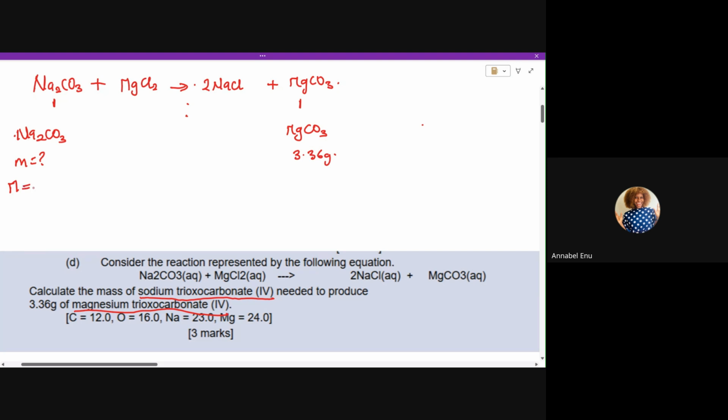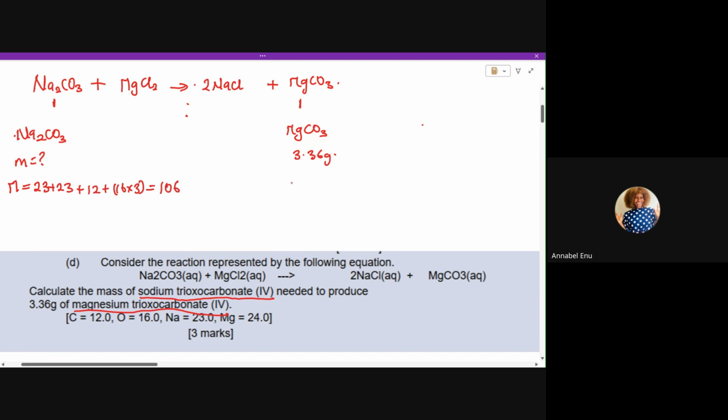So from here, we can know our molar mass of sodium tricarbonate, which is the capital M, is equal to, sodium is 23, so it's 23 plus another 23 plus carbon, which is 12 plus oxygen 16 times 3. When we add all this together, we have 106.